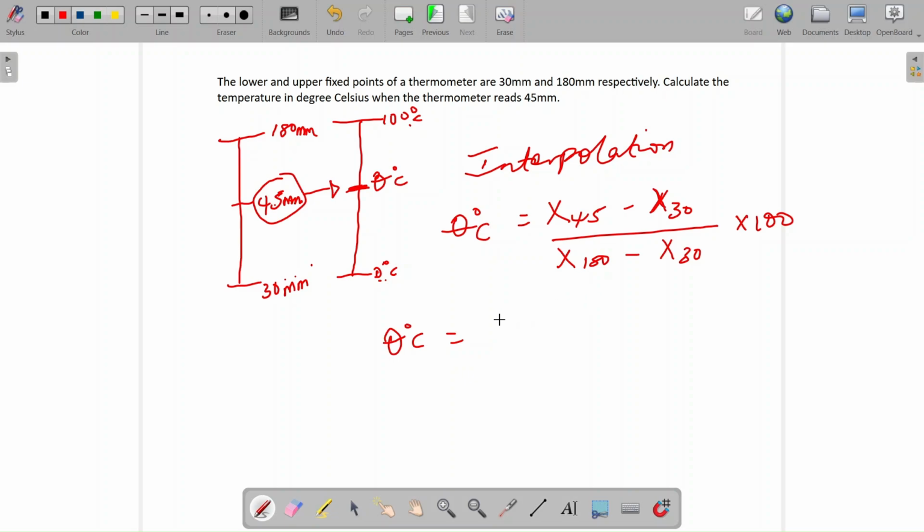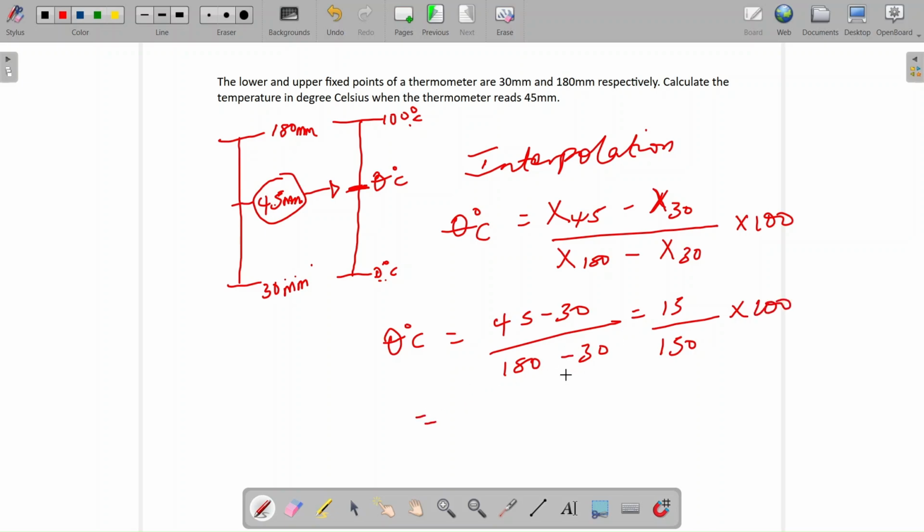So in this case, you have 45 minus 30 divided by 180 minus 30. 45 minus 30 should be 15, and 180 minus 30 should be 150, times 100.